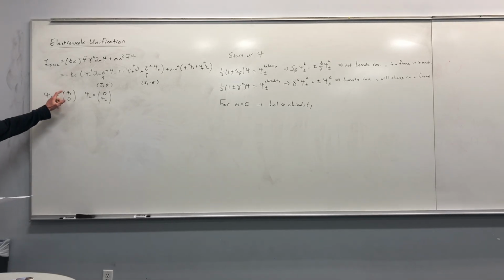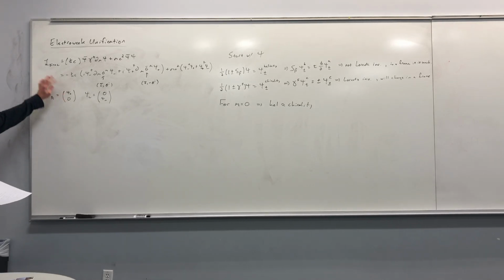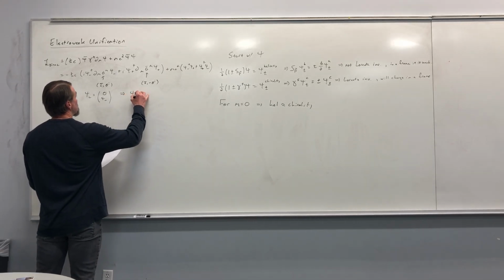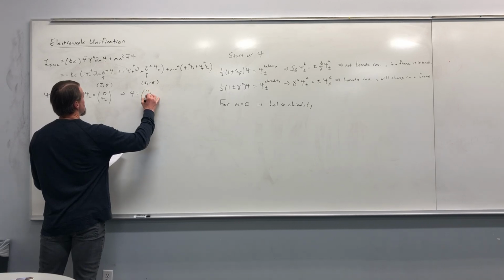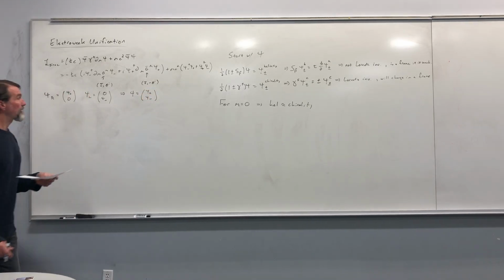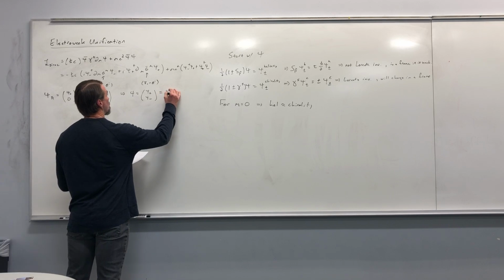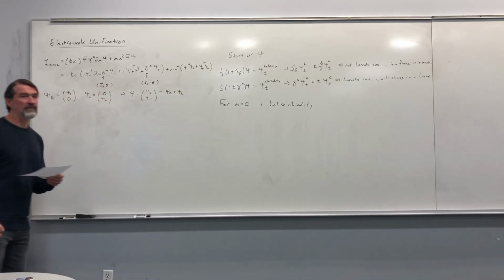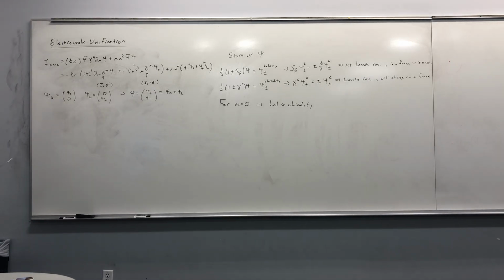Each of these is two components, so this is overall 4 components. Then of course we have that psi is psi plus, psi minus, or you can always write it as psi right plus psi left. Doesn't matter.